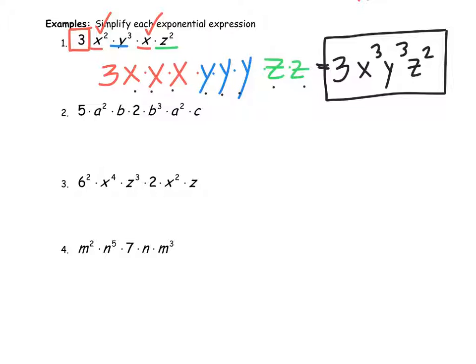Alright, the next problem, I'm first going to scan and look for coefficients, and I see one right here, 5. And I also see one right here, 2. I'm going to put both of those out front. I'm going to write them like this, 5, and then multiplied by 2. Now I'm going to move on to my other letters. So here I have an a squared. I'm going to write it like this, a times a, check.